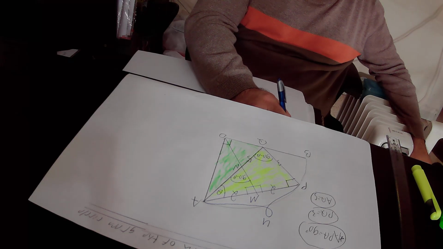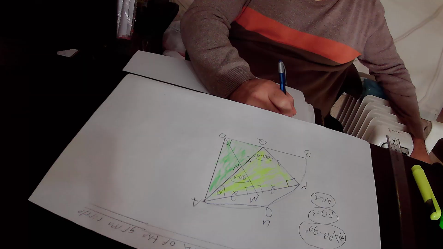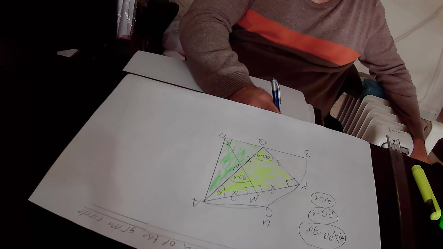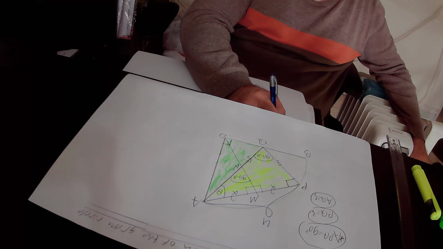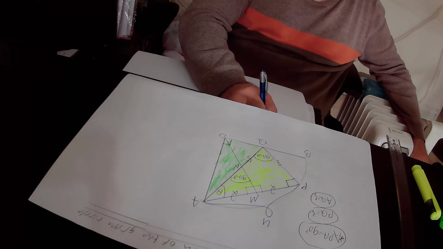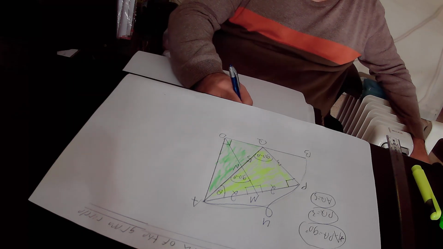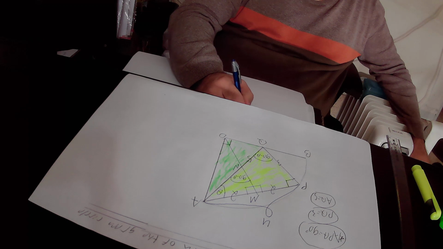PA over MA equals PQ over MN, and it also equals QA over NA.